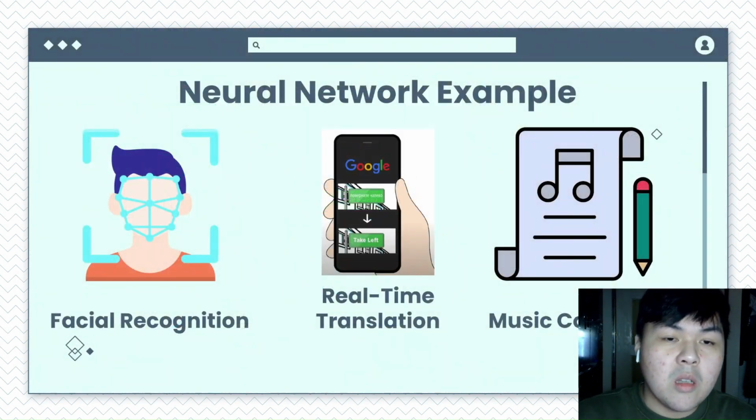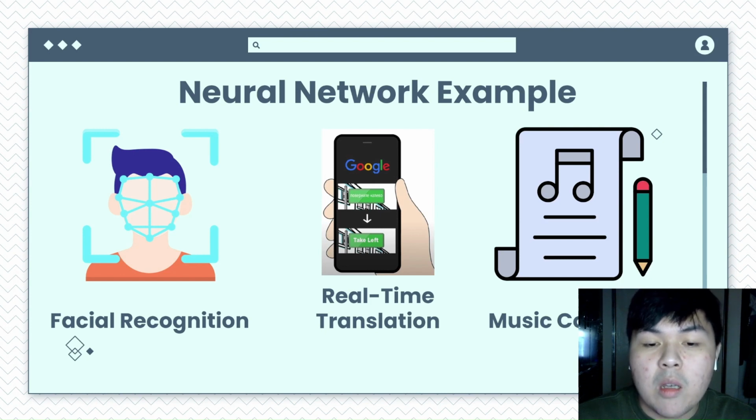These are some neural network examples, and Google Translate is one of the uses of neural networks, alongside many other uses such as facial recognition and music composition.